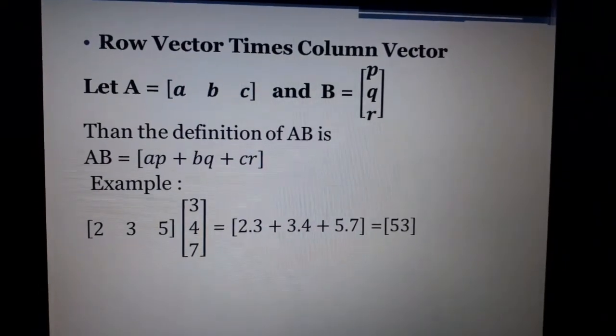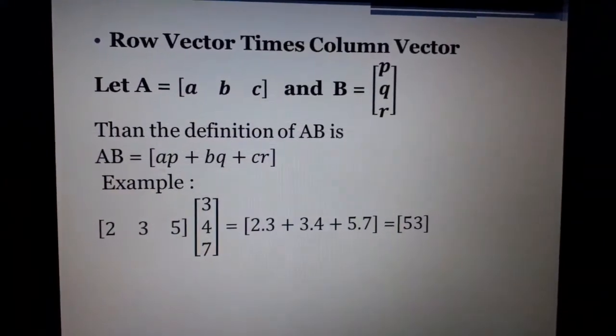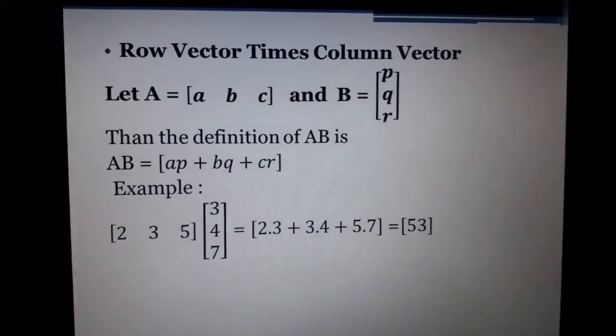Row vector times column vector. Let A, B, C be a matrix and P, Q, R a matrix.